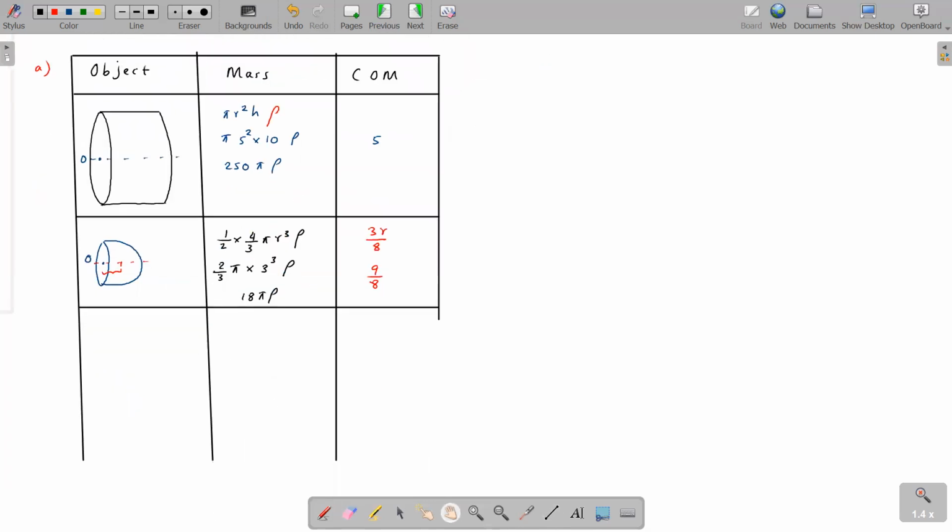Okay, so our final object is going to be the two of them combined together.